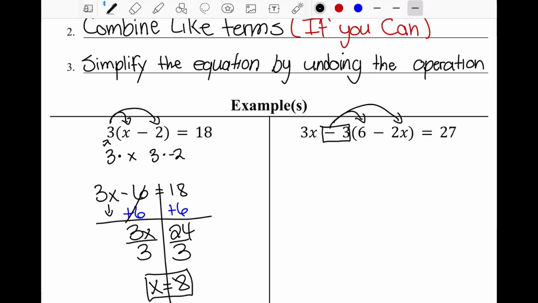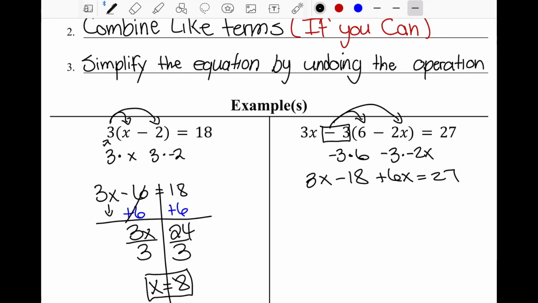That means we take negative 3 times 6, and negative 3 times negative 2x. That's the first thing we have to do. Negative 3 times 6 gives me negative 18. Negative 3 times negative 2x gives me a positive 6x. And what I haven't used yet is that 3x out front, nor that 27.